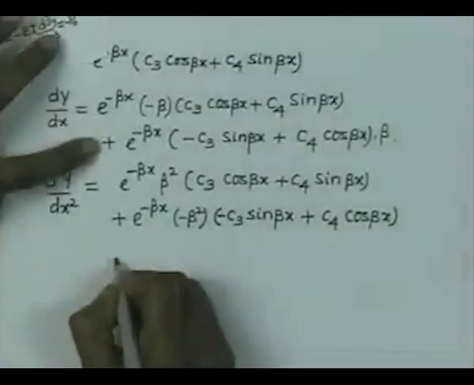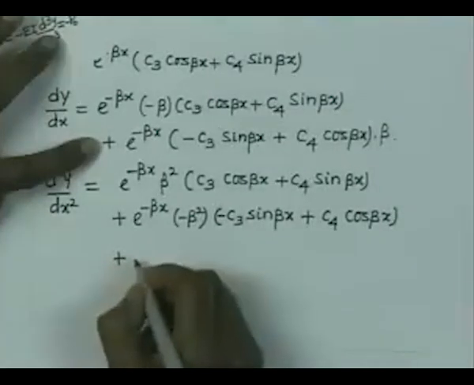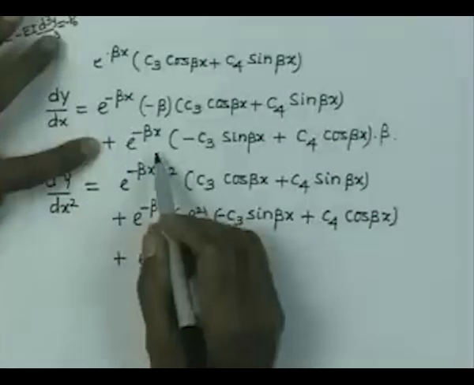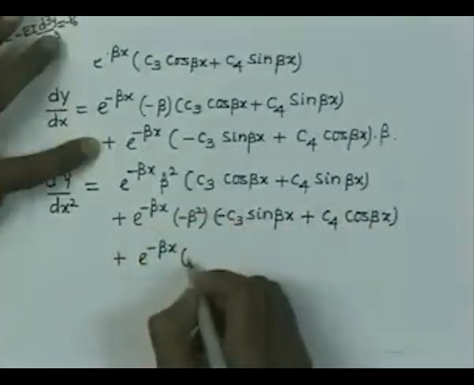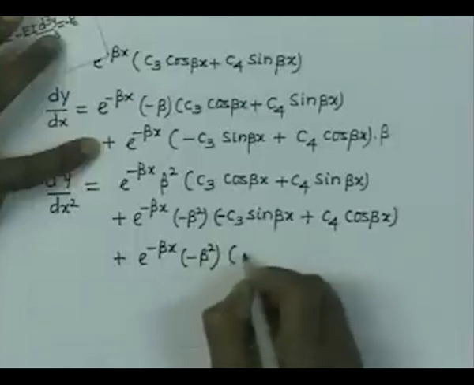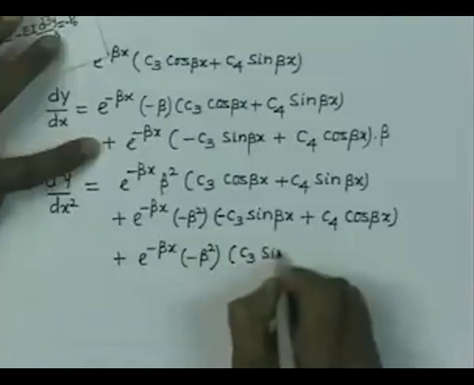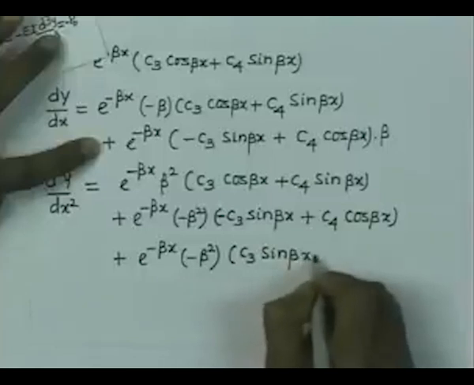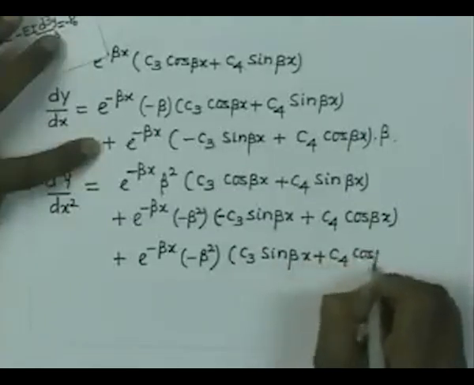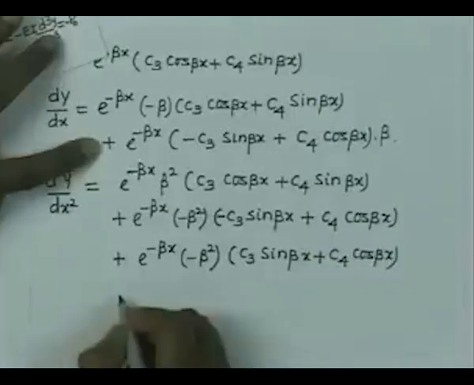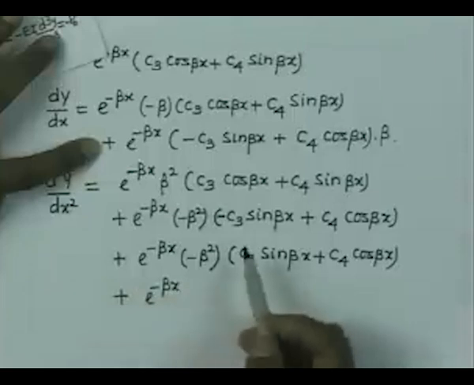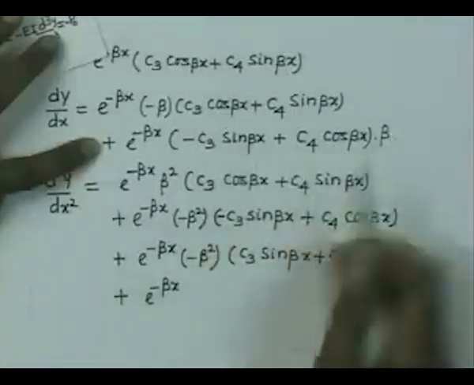Similarly, we will have from the second one e to the power minus beta x, this will give us minus beta, and that minus beta will get combined. So, it will be beta square into C3 sin beta x plus C4 cosine beta x, plus e to the power minus beta x, and the differentiation of this will give us another beta which can be combined together.